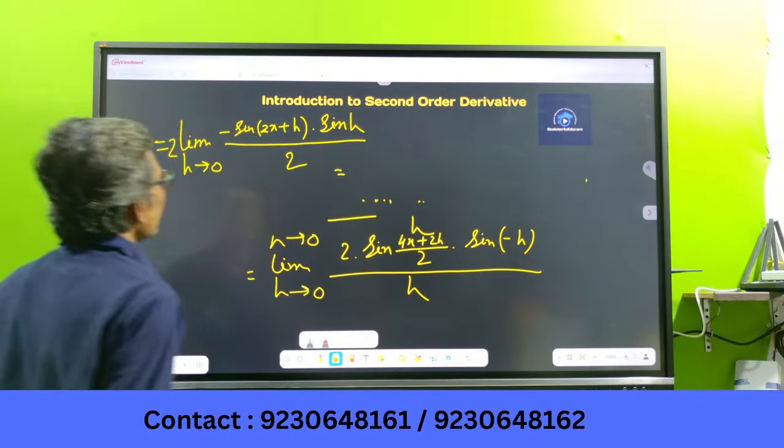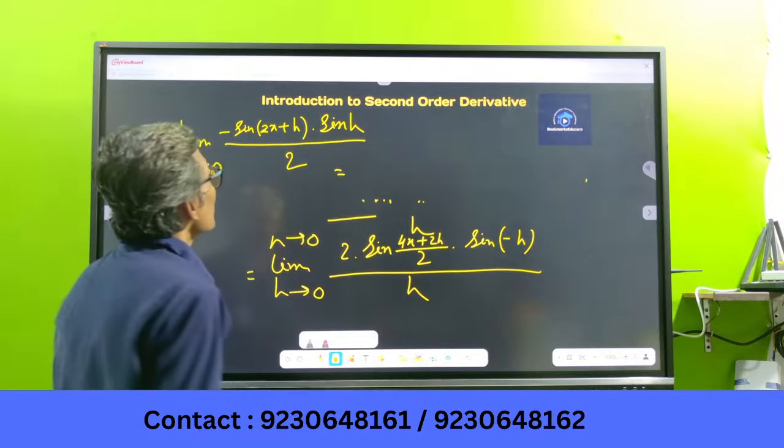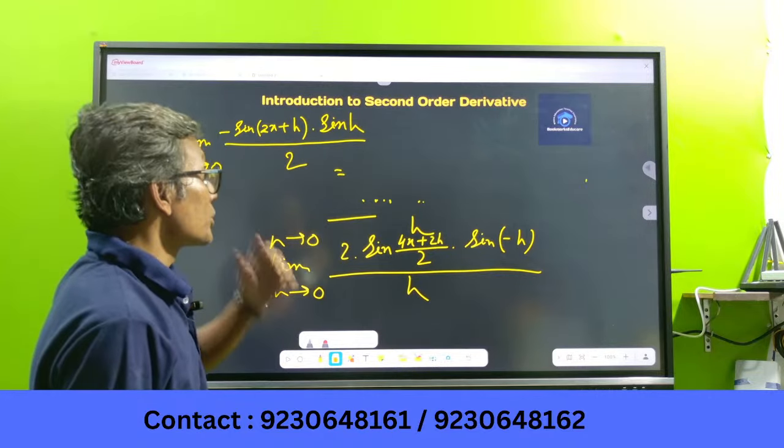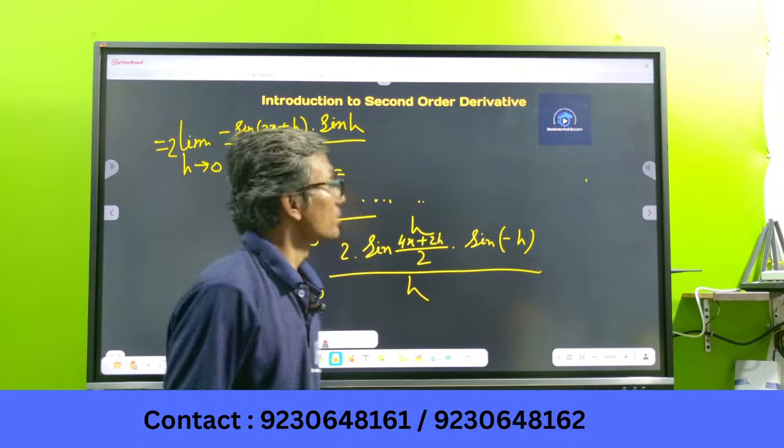So it can be split due to the properties of limit.